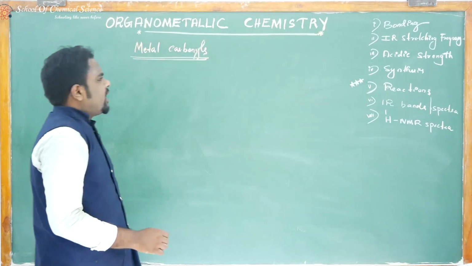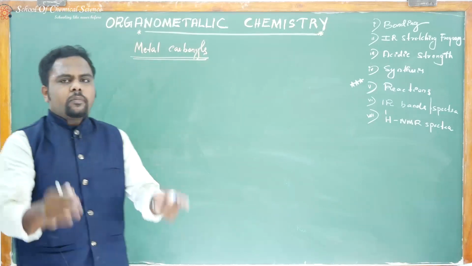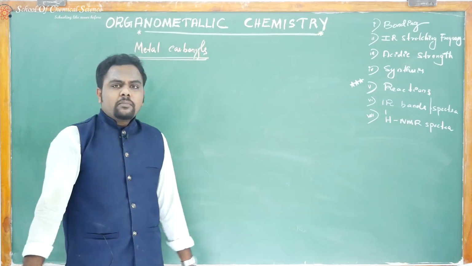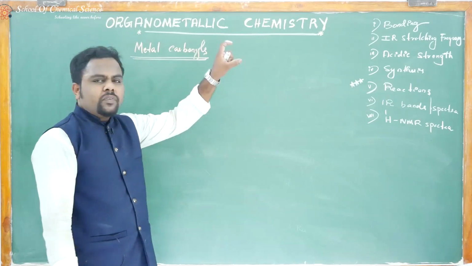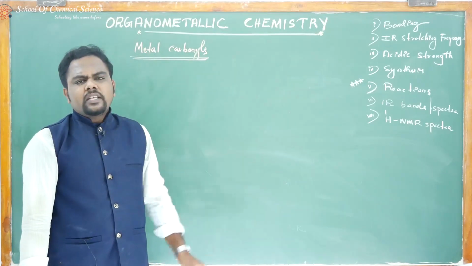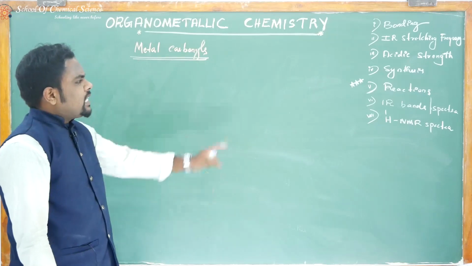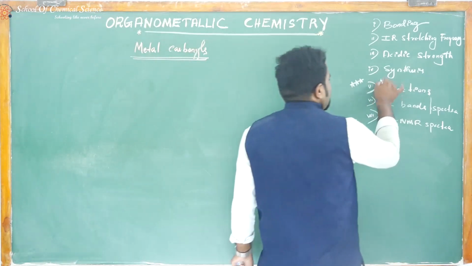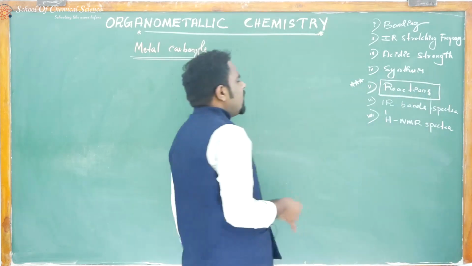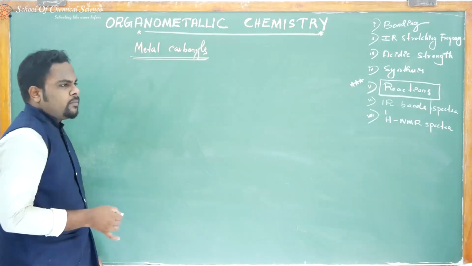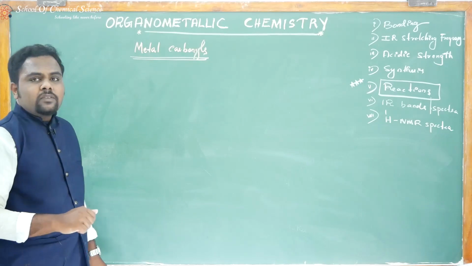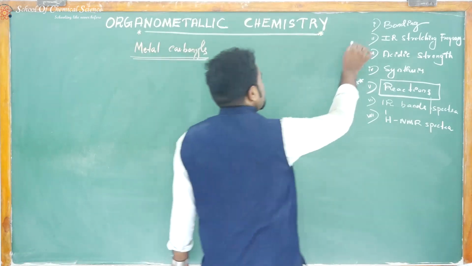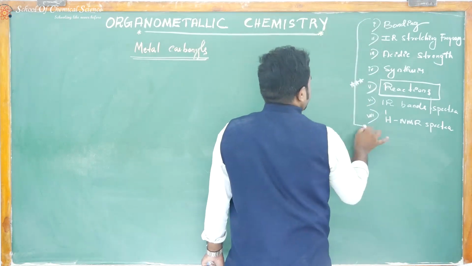So first of all, we are starting a very lengthy topic, metal carbonyls. Here we have to discuss the bonding in metal carbonyl, IR stretching frequency, very complicated and very important. Then acidic strength, synthesis of metal carbonyl. The reaction of metal carbonyl is the most difficult part. Then IR spectra, then H1 NMR spectra. These aspects we are going to discuss in this section.